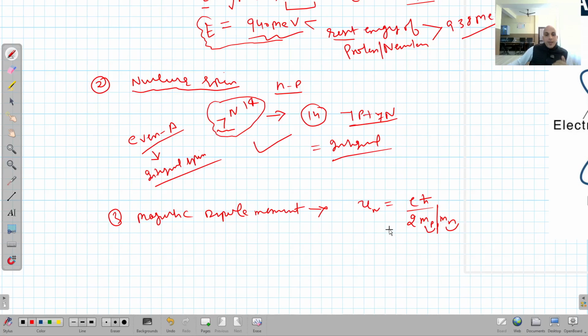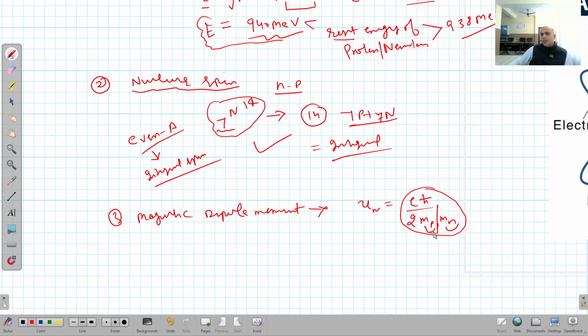Now the experimentally observed magnetic dipole moment will be more close to these values, right? Whereas earlier here it was the mass of electron. So we were saying that the mass of electron is very small as compared to the mass of proton or neutron, so this term should be very high, but in reality it was low. So that was the objection.